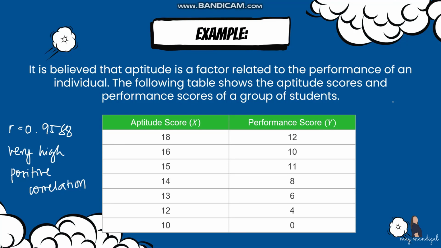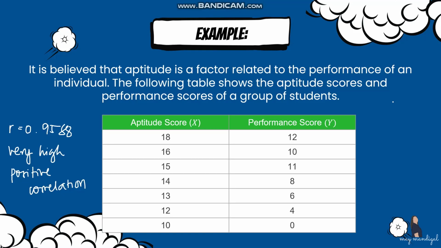So we can say that the aptitude is somehow a factor to the performance scores of the students, and it shows a positive correlation, meaning high values in the aptitude score give us a high value in the performance score. So it is also very visible here in our data. So again, that is our correlation coefficient.